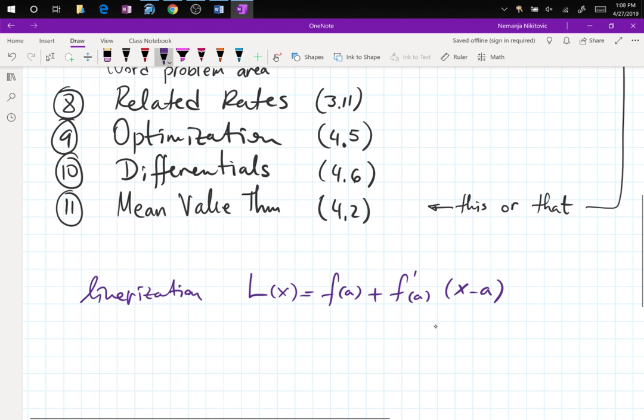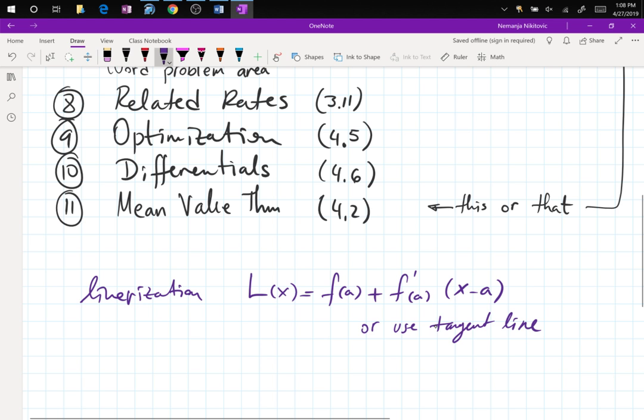Or you can use the tangent line. What you need to know is that linearization is approximating the value of the thing that you don't want to compute. So let's say you are supposed to compute ln of 9.6.